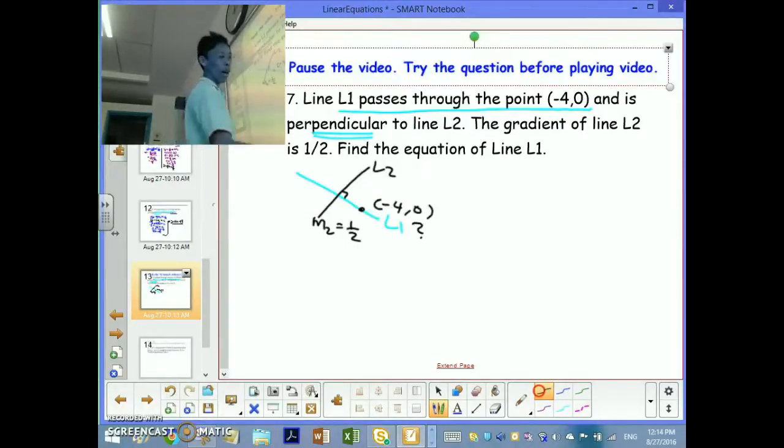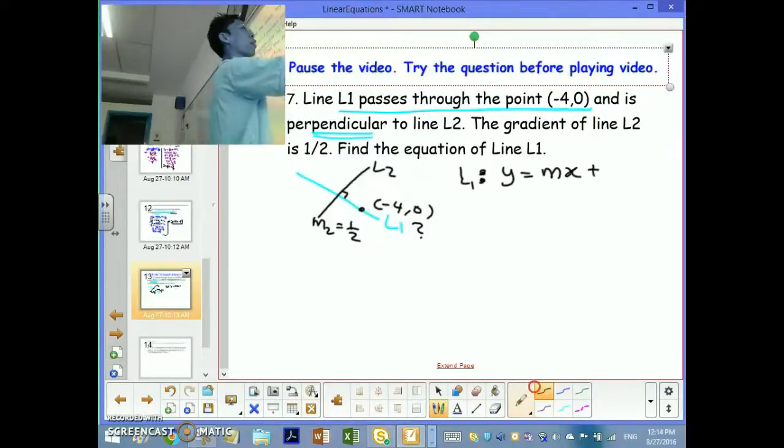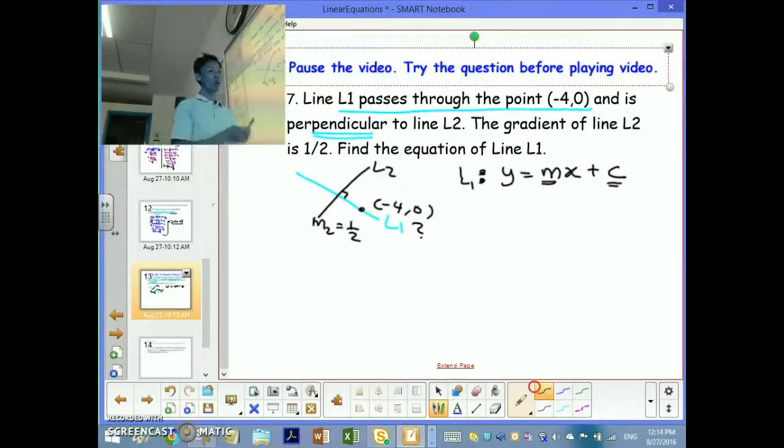So what do we have? Well, for L1, the equation is y equal to mx plus c. So I need the gradient and I need the y-intercept. So what's the gradient? Well, luckily, in order to find the gradient, I can use this: m1 times m2 is equal to negative 1.